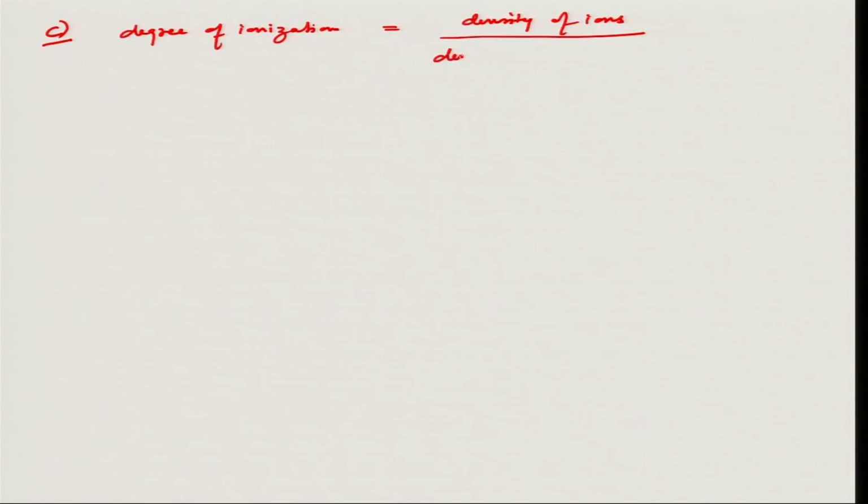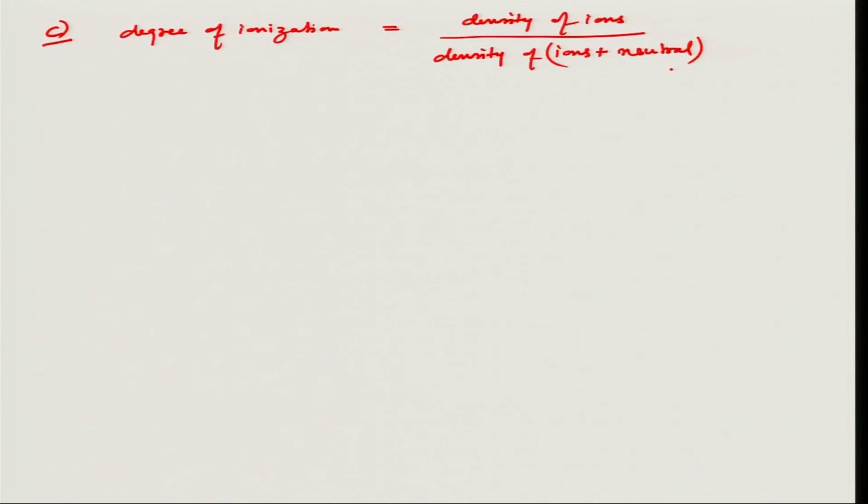Next part is to calculate the degree of ionization. Degree of ionization in a plasma is given as the density of ions in plasma divided by the density of ions plus neutral species.